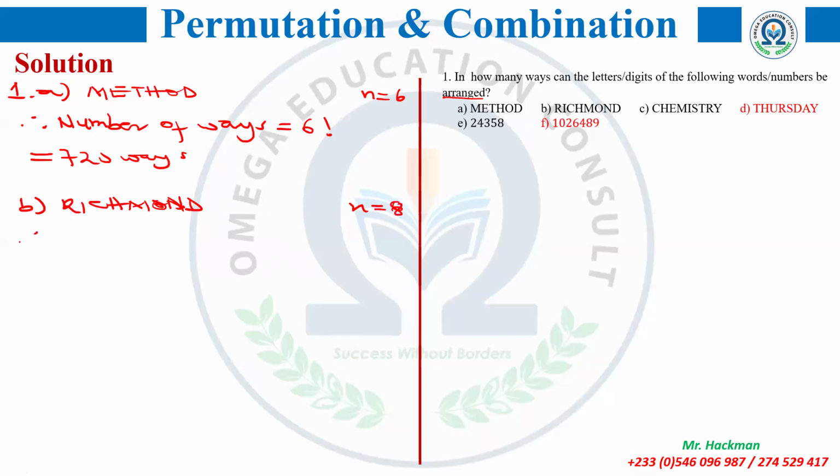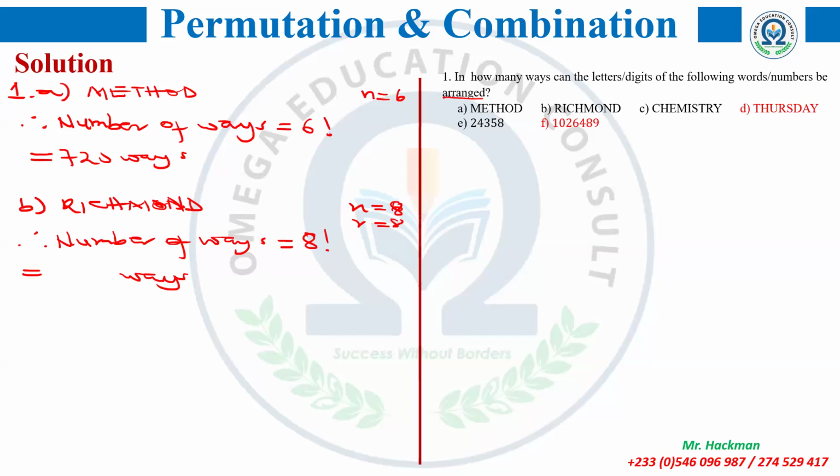So therefore, the number of ways will be equal to, remember, we are arranging all of them, so r will also be equal to 8. We are not told otherwise. So in this case, we are going to get 8 factorial. Whatever your calculator gives you, you write it there and you attach ways.